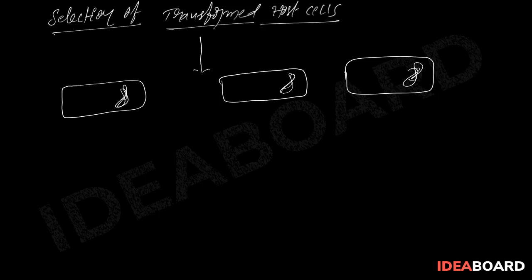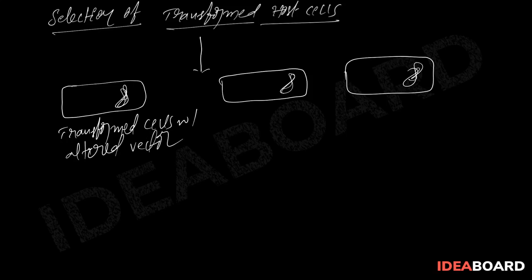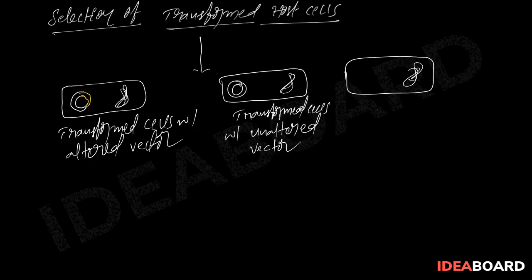The first type of bacteria is nothing but transformed cells with altered vector. The second is transformed cells with unaltered vector, and the third category is non-transformed cells.